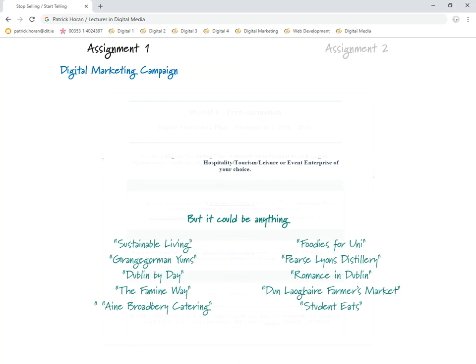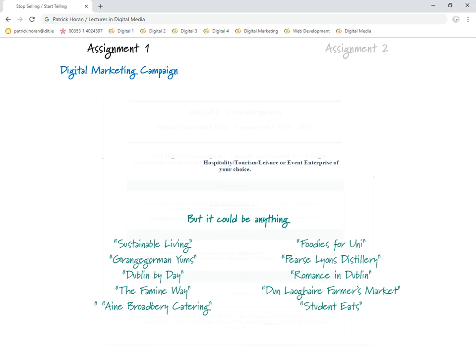Over the last year, we had people creating digital marketing campaigns for the Famine Way, for Dublin by Day, even Grangegorman Yums, which looks at eateries around the Grangegorman campus. Others looked at the Pierce Lyons Distillery, which is a real distillery in Dublin.